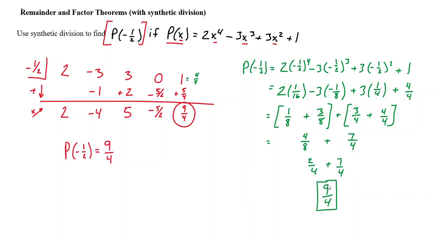So you can see there was a lot of crazy multiplication of fractions and then addition of fractions, and it was pretty daunting here, whereas the synthetic division gave me the exact same answer with a very limited amount of multiplication and addition of true fractions.